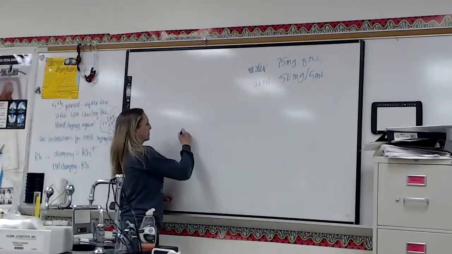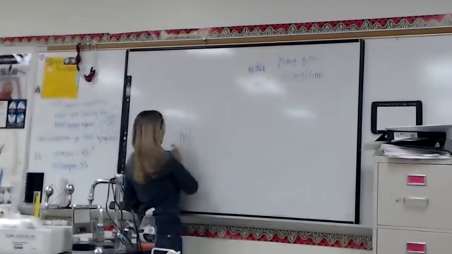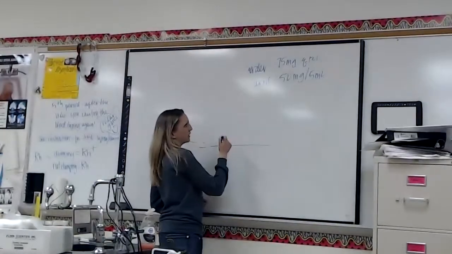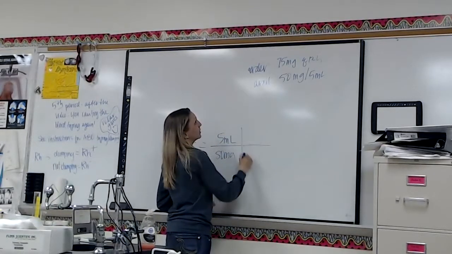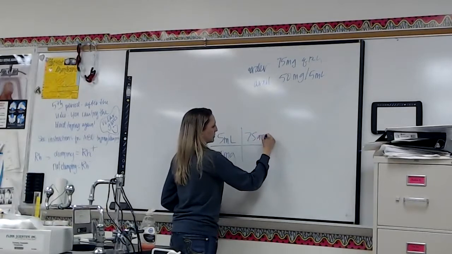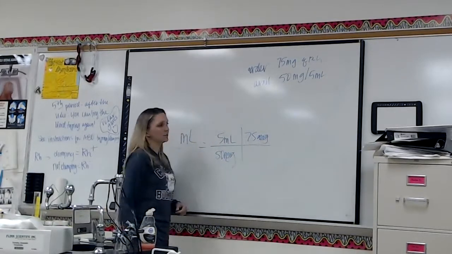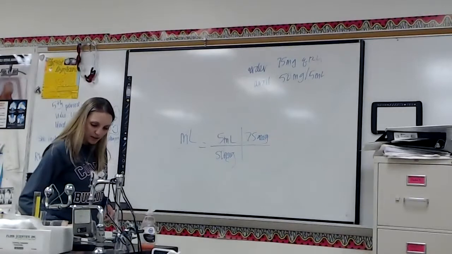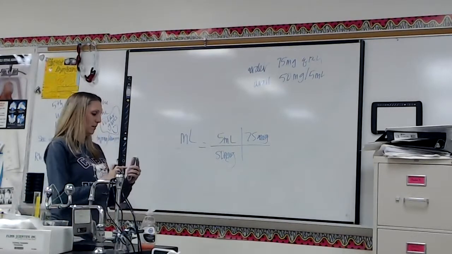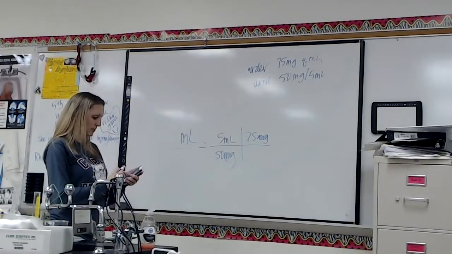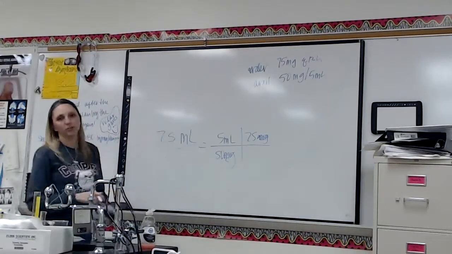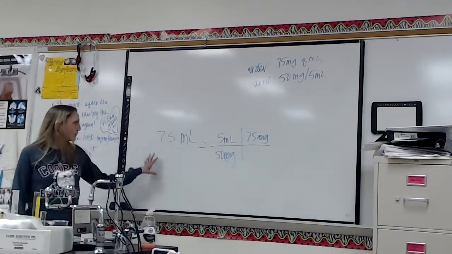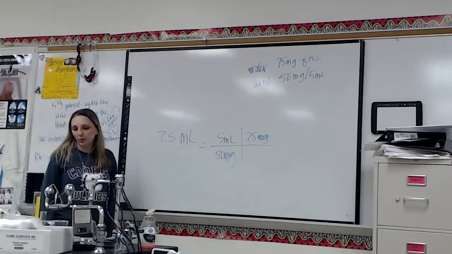Same idea, dimensional analysis, got our milliliters on the end, but this time we have a little bit different dose going on. 75 milligrams. Cancel out our milligrams, and then we can multiply this. I'm just going to do it real fast to make sure. 7.5 milliliters is what we're going to get. Okay, so 7.5 milliliters is what they would need.